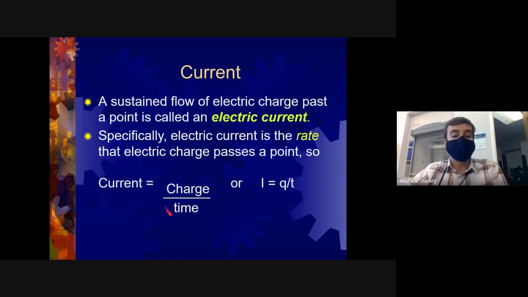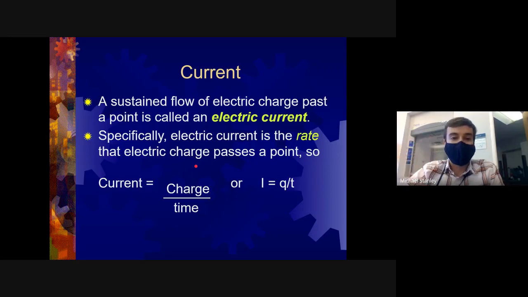So our super basic equation looks like this. We have our amount of charge on the top and the time on the bottom. So if you do charge divided by time, you get the current. How much charge passes through a point on the wire over a certain amount of time.